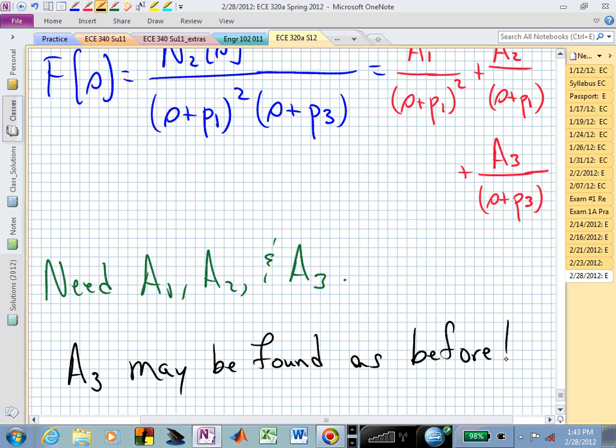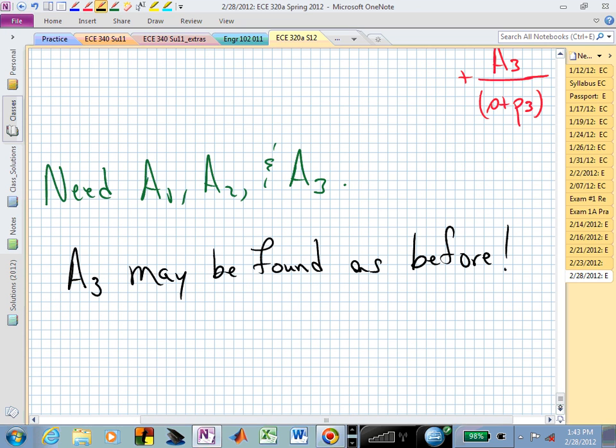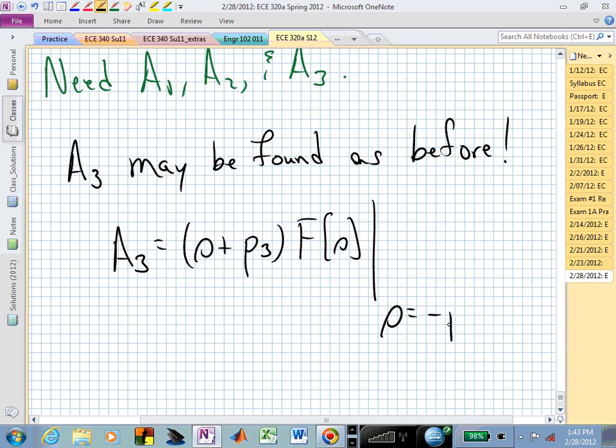That hasn't changed at all, has it? That's a distinct root, and we know the formula for distinct roots. We can find that. Now a sub 3 is just going to be s plus p sub 3 times the f of s evaluated at s equal minus p sub 3.